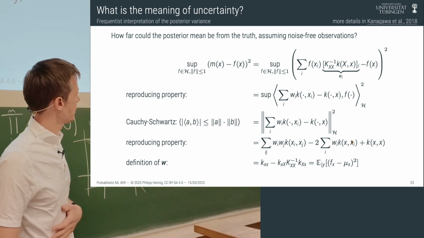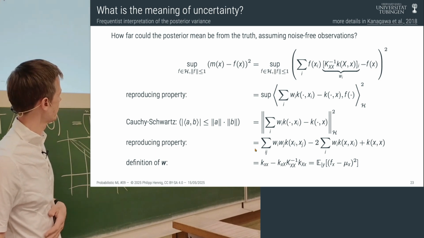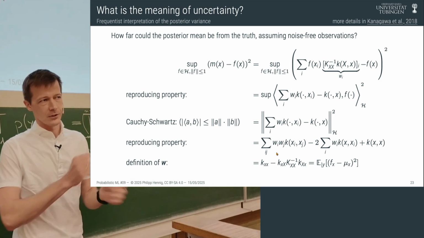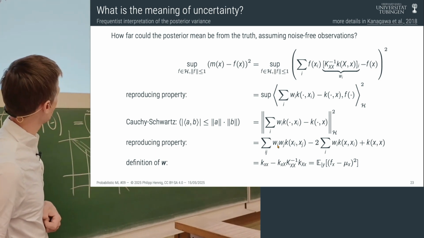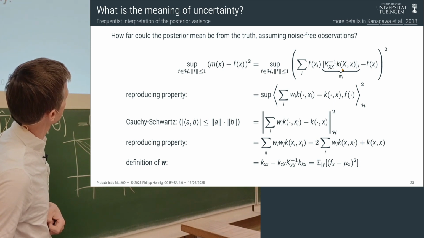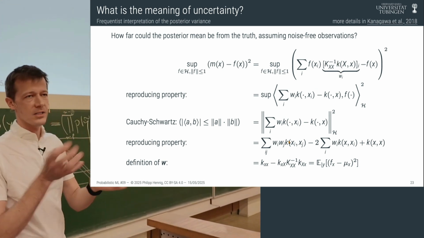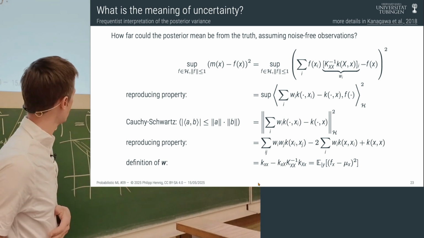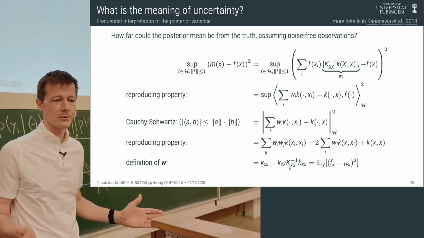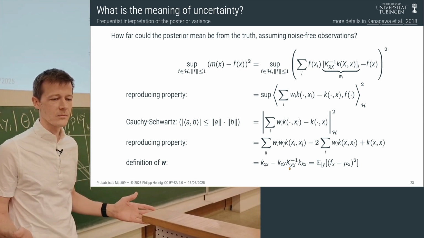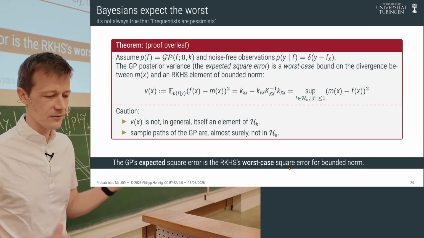Okay, and now we're left with a finite dimensional object. It's just a bunch of numbers, and the rest is just algebra. We're just moving things around. We look up what W is again, it's up here, so we just plug it back in. We see that some matrices cancel. It's just dealing with indices, and we're left with an expression that is the posterior variance. So what we've just seen is the following statement.